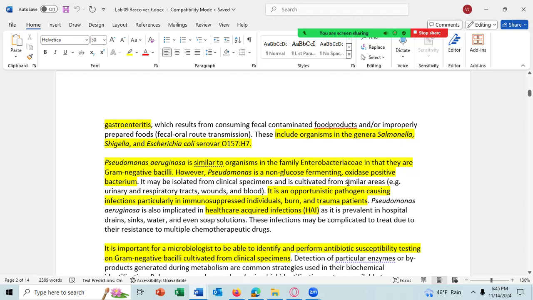They can be opportunistic pathogens, particularly Pseudomonas aeruginosa, especially in immunosuppressed individuals, burn patients, and trauma patients. Pseudomonas aeruginosa is a healthcare acquired infection, which is also called a nosocomial infection. And you can find it in almost anything that is liquid: hospital drains, sinks, water, even mild soap solutions.